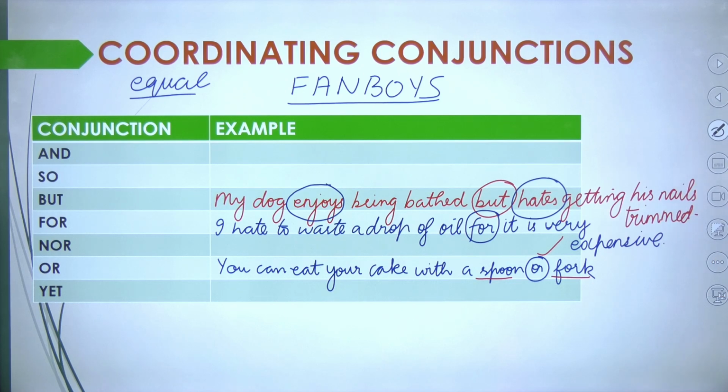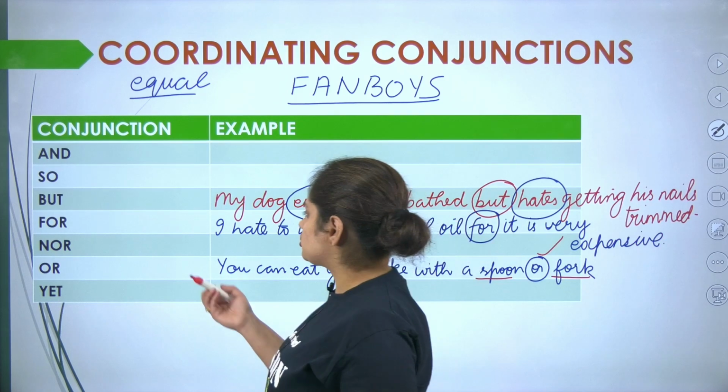Individually how to use these? FANBOYS, you will always remember coordinating conjunctions. This is a short form, so you'll always remember. Clear? Bill refuses to eat peas, nor will he touch carrots.